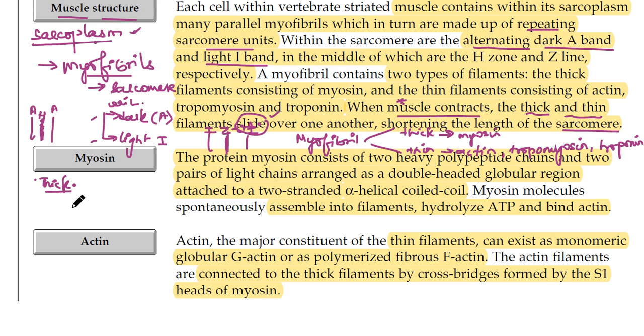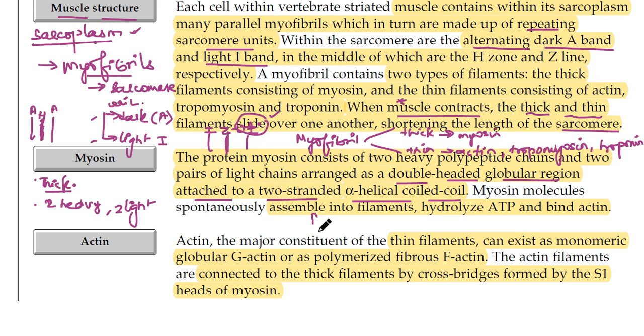Now coming to myosin, which is the thick filament. The protein myosin consists of two heavy polypeptide chains and two light chains, arranged as a double-headed globular region attached to a two-stranded alpha helical coiled coil. I will show you the structure.